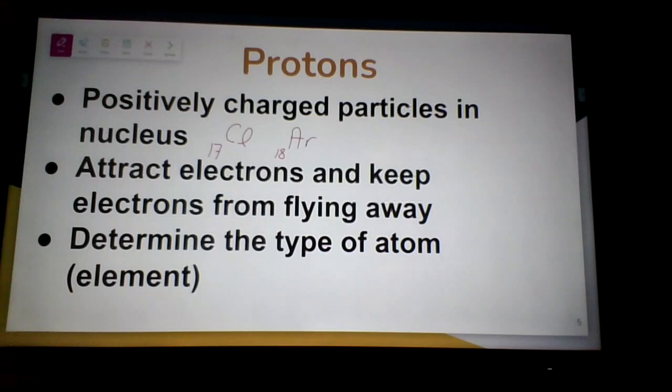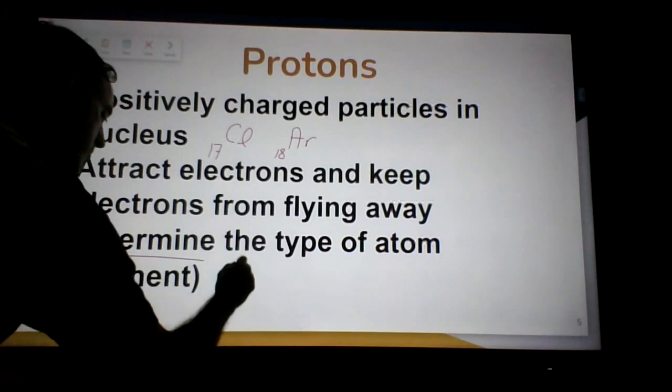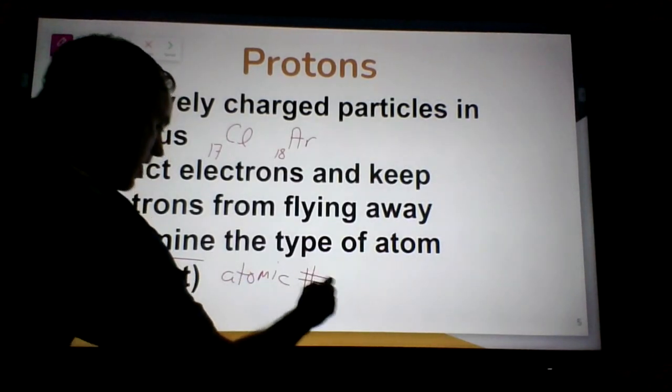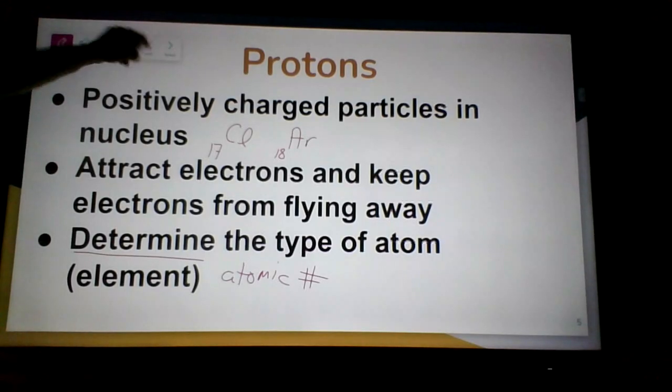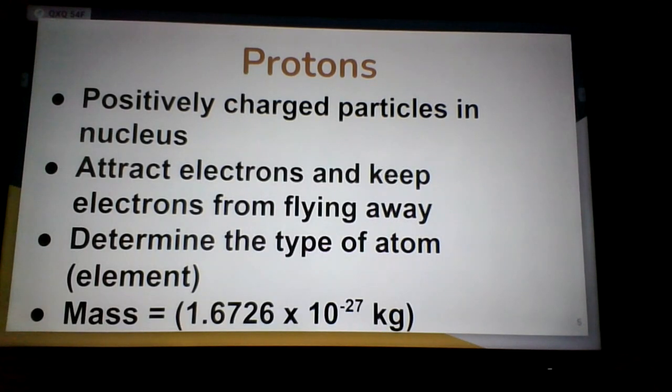So one difference in protons can completely change the element from very deadly to very safe, and vice versa. But the protons determine the type of atom, and the number of protons is called the element's atomic number. All determined by the number of protons. Ready? Oh, the mass. Forgot that line was coming.